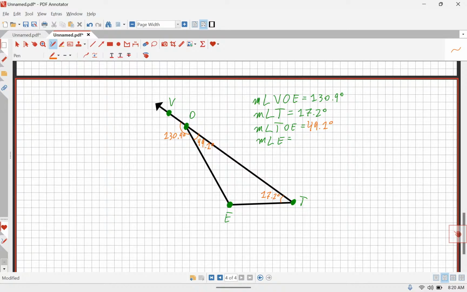And then what about the measure of angle E? How am I going to use that to find the measure of angle E? Bethany? That's okay, 49.1.